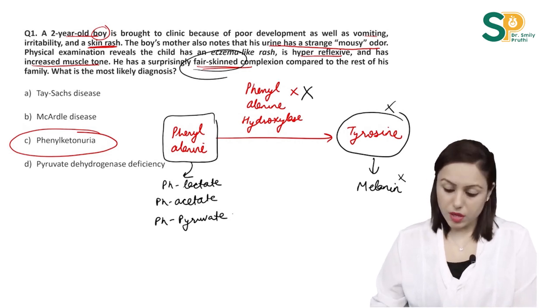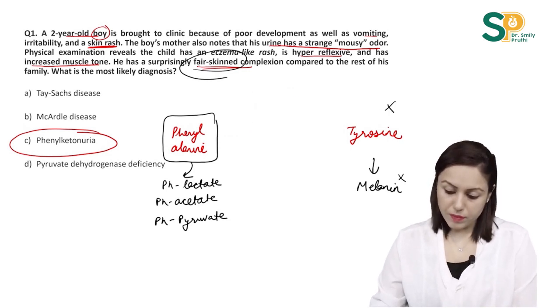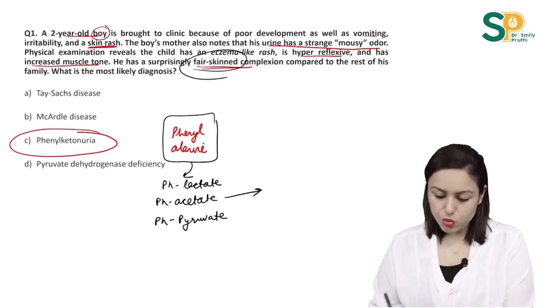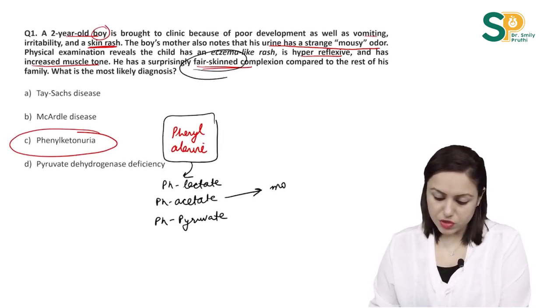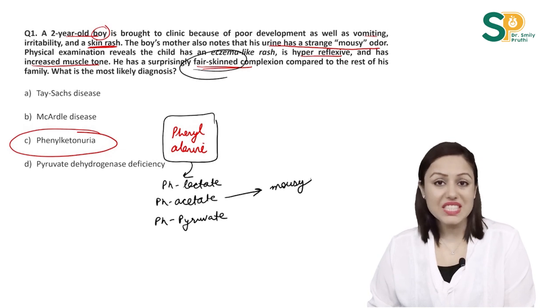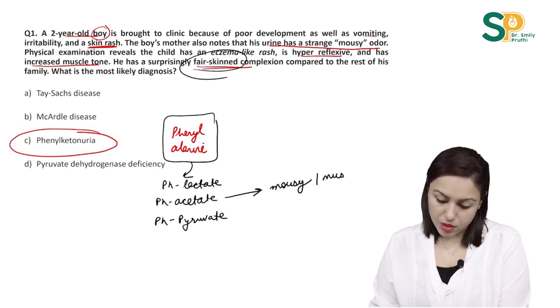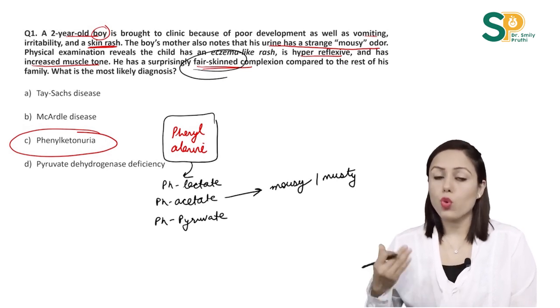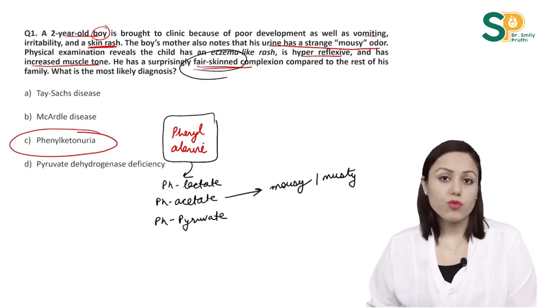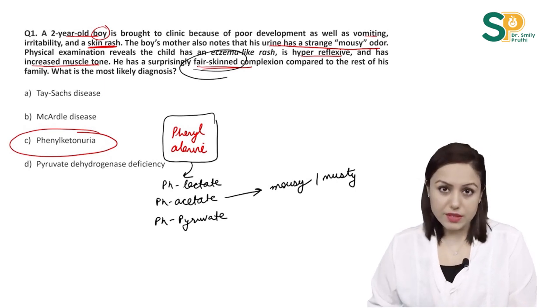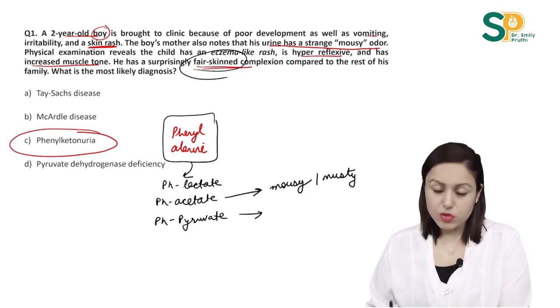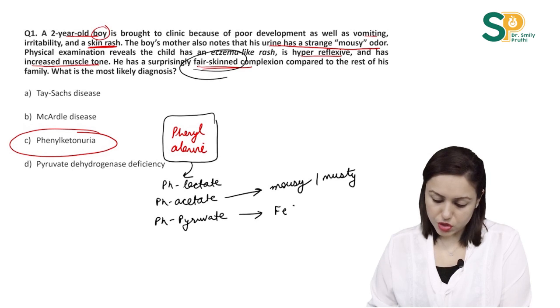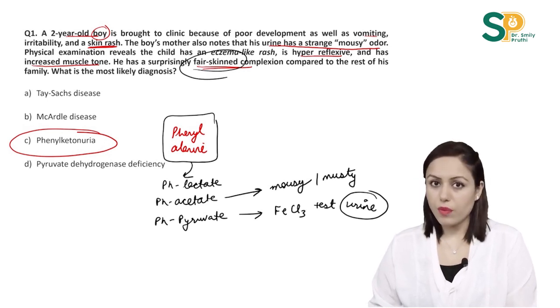Now here I am going to tell you one important thing, that due to phenylacetate, these patients have a mousy or musty odor of urine. In Hindi, it's called basi or purana, old, okay. So that kind of odor is because of phenylacetate, and because of phenylpyruvate, these patients give a positive ferric chloride test, which is done in urine, right?